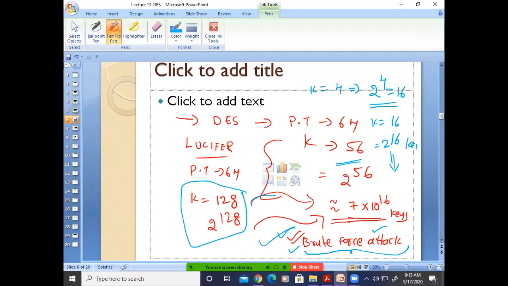The second criticism was that the DES algorithm is actually classified. There is one concept called S-boxes, substitution boxes. These boxes were classified, so they were not disclosed to users, etc.